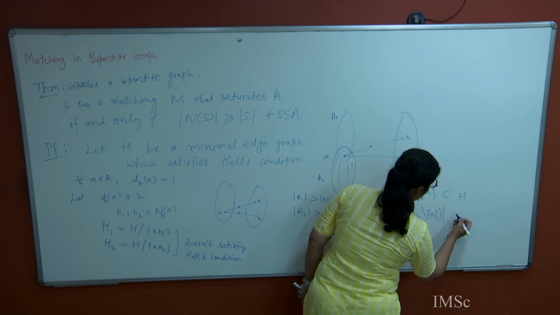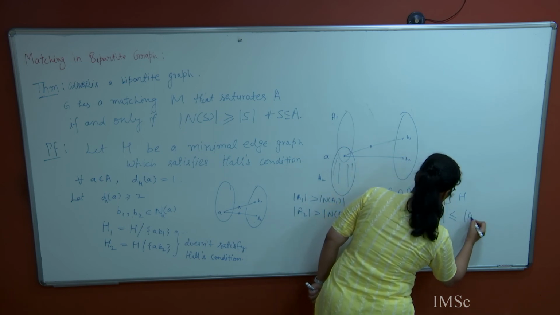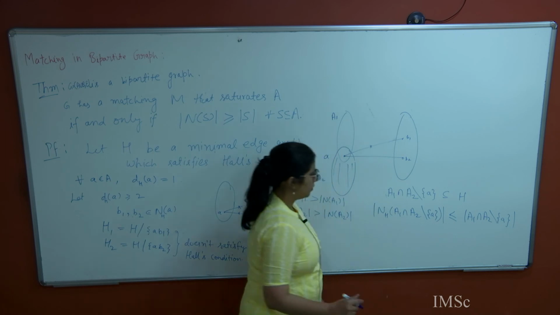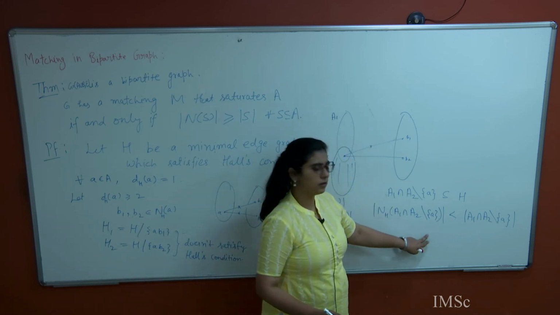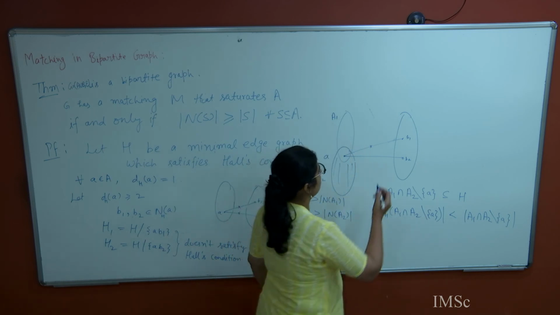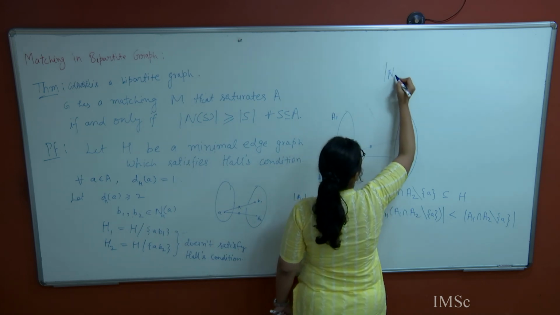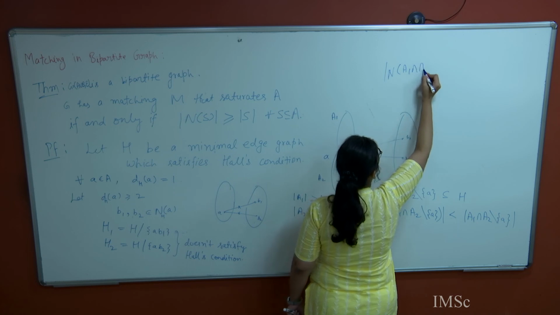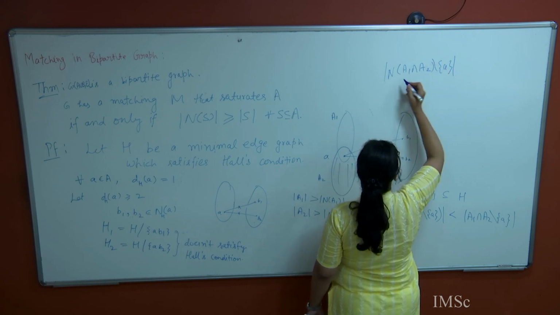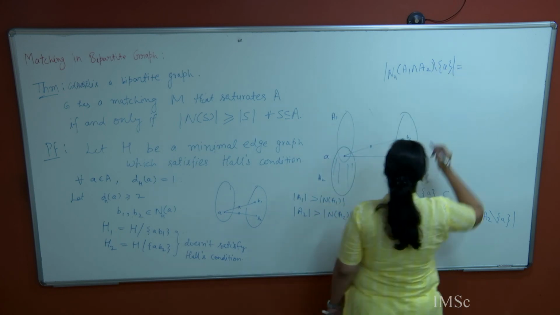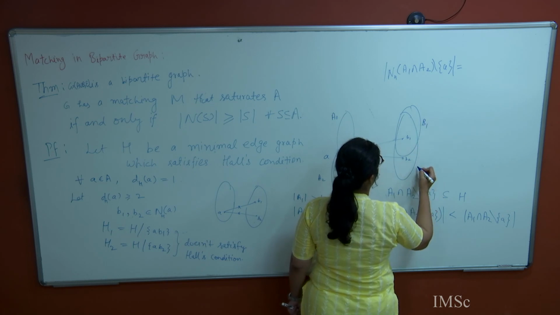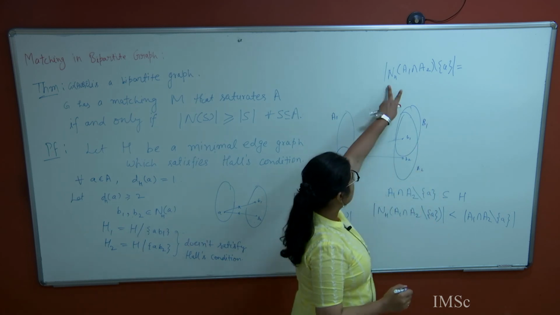This is my subgraph of H, and I want to show that the cardinality of the neighborhood of A1 intersection A2 minus A is less than the cardinality of the set itself. Okay, that this set fails Hall's condition. So let us start with this. What is its neighborhood?